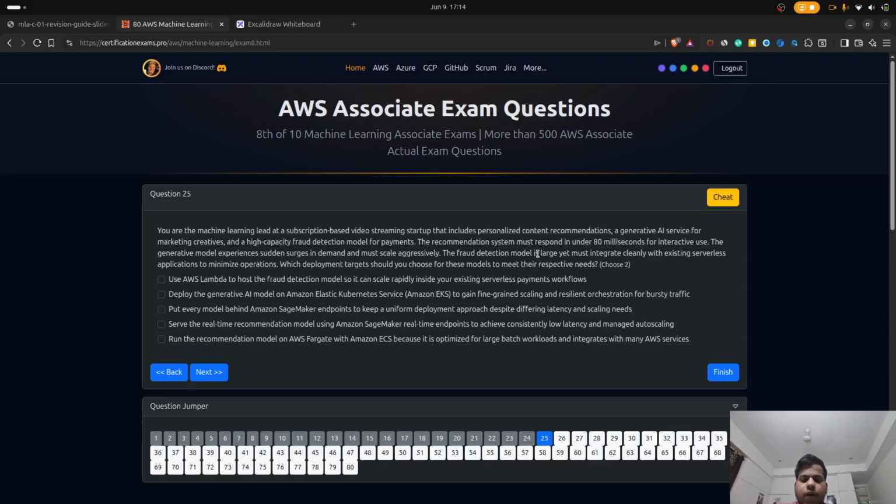The fraud detection model is large yet must integrate cleanly with existing serverless applications to minimize operations. Which deployment target should you choose for each model to meet their respective needs? Use AWS Lambda.